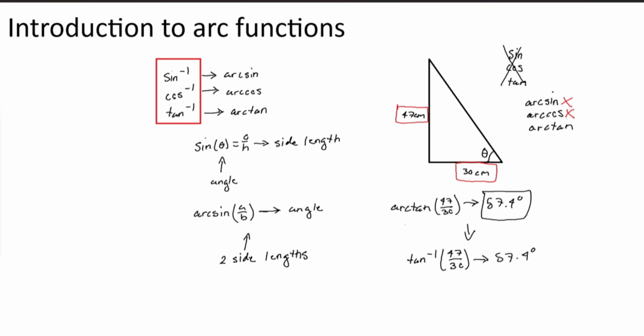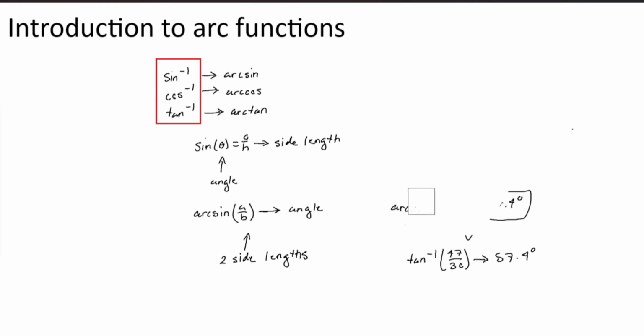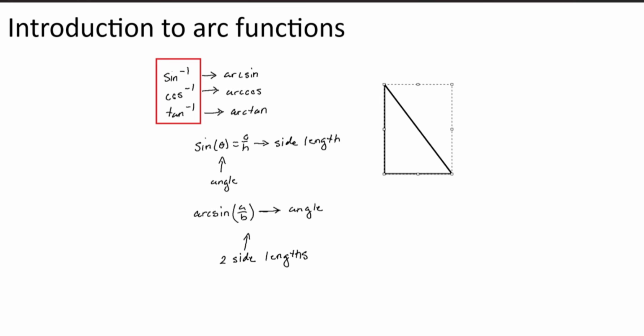Now let's look at using arc cosine. I'm going to erase all of this, but keep our side notes so you can follow along. Now let's get a fresh triangle and go from the top. Let's say we're trying to find this angle.